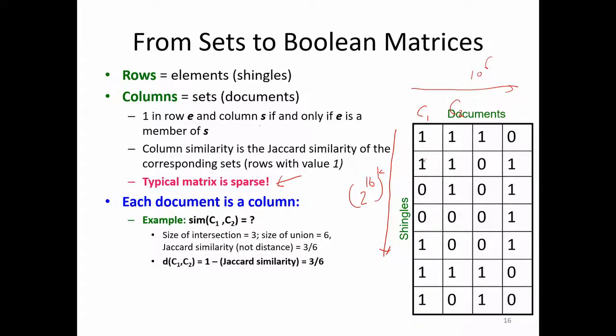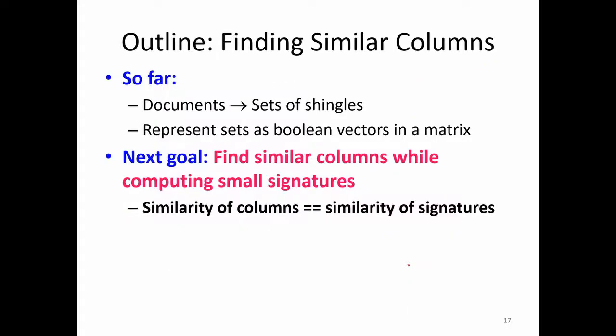We are not counting all shingles. Here we are counting only those which are there in the union of the pair of documents. That is kind of important. Now the next goal is to find similar columns while computing small signatures.